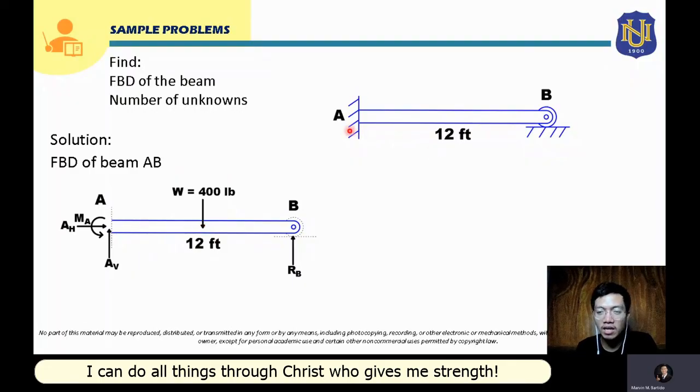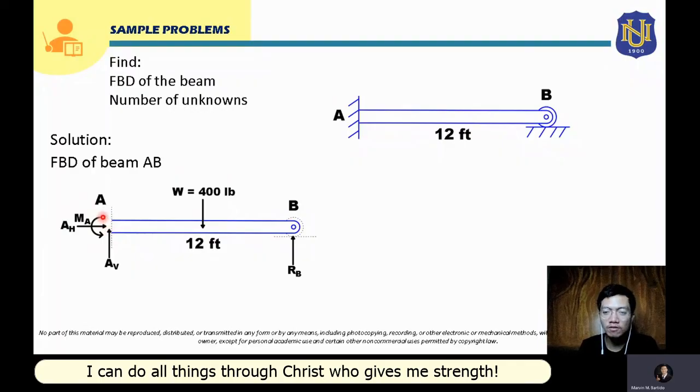Also at point A, it is fixed supported. For fixed supports, there will be 3 reactions: horizontal reaction, vertical reaction, and moment reaction. We will name the vertical reaction as AV, the horizontal reaction as AH, and the moment reaction as M sub A.